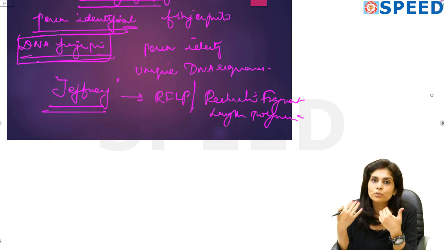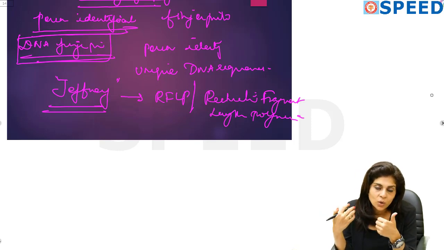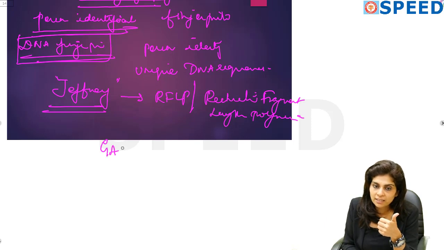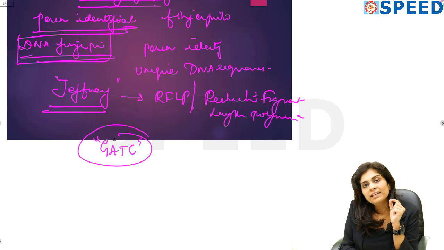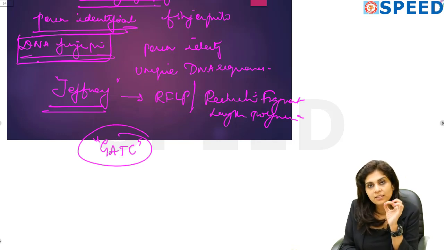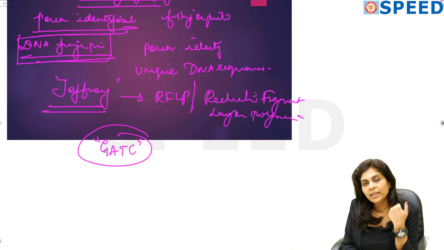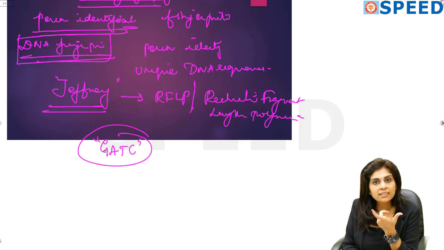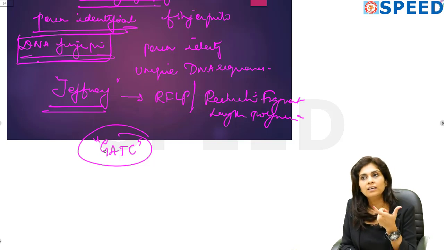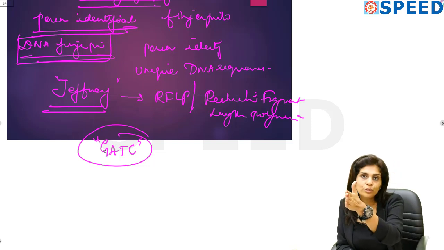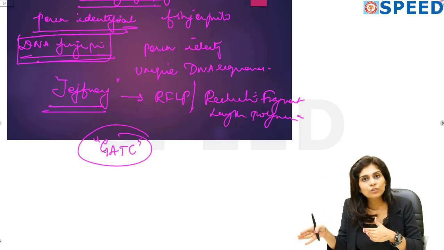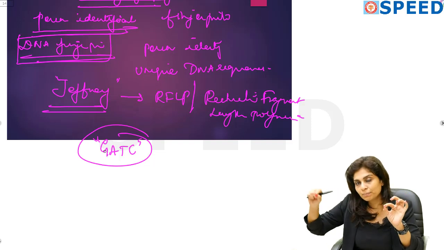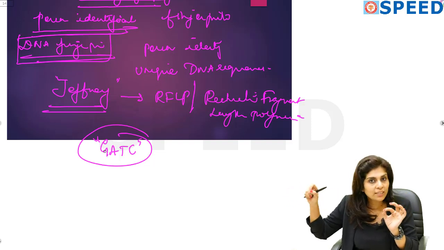For example, if I am using a restriction endonuclease which cuts at GATC sequence. In my genome, the first GATC might be present as 100th to 104th nucleotide. The second GATC might be from 200 to 204. Third might be from 300 to 304. It will not be equally spaced like this. I am saying this just for you to understand.